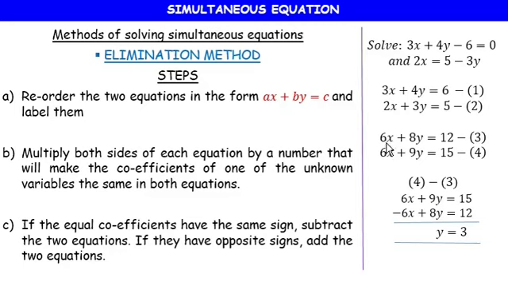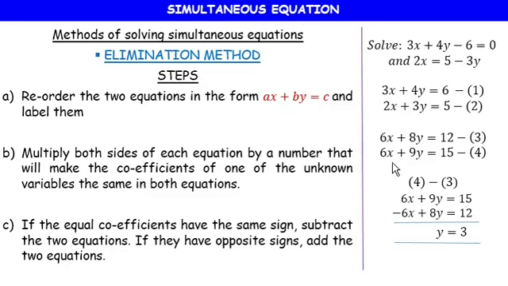So I have made the coefficient of x in equation 1 equal to 6. Now I have to also make the coefficient of x in equation 2 equal to 6 by multiplying equation 2 by 3, so that I can easily eliminate x. So we are going to multiply equation 2 by what?